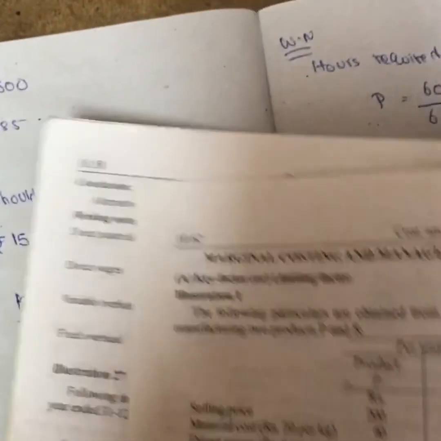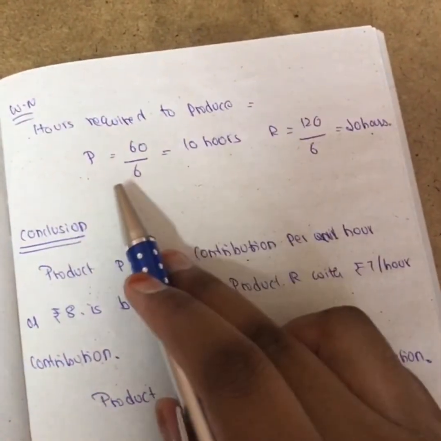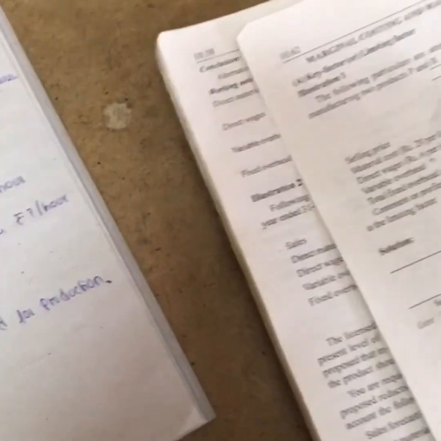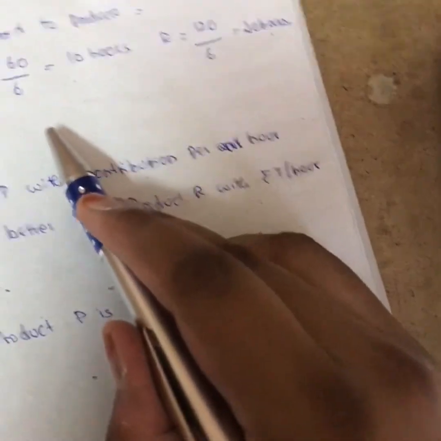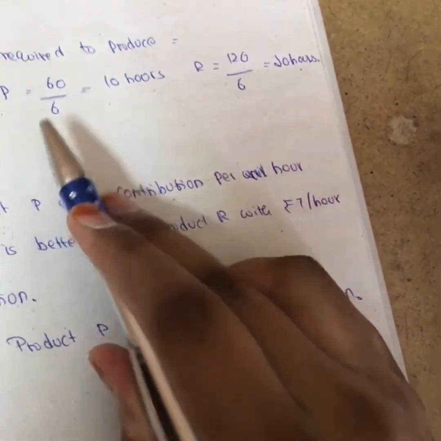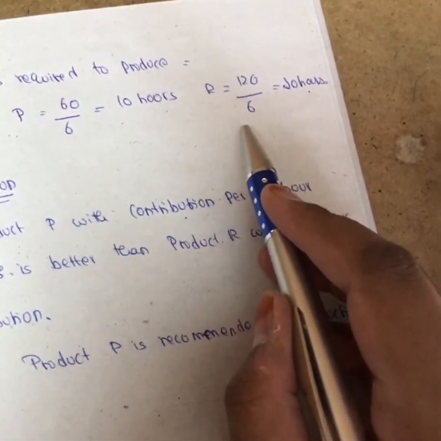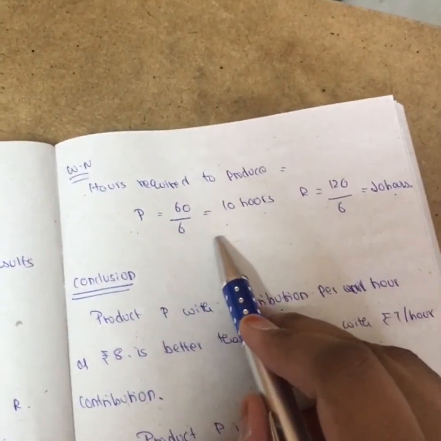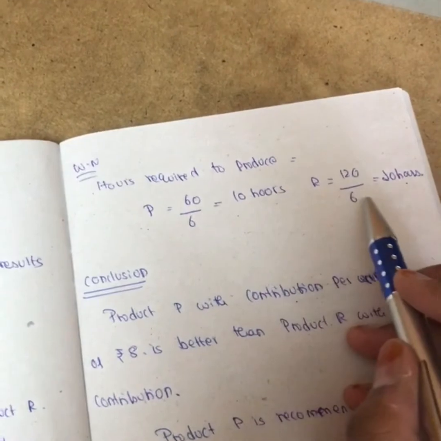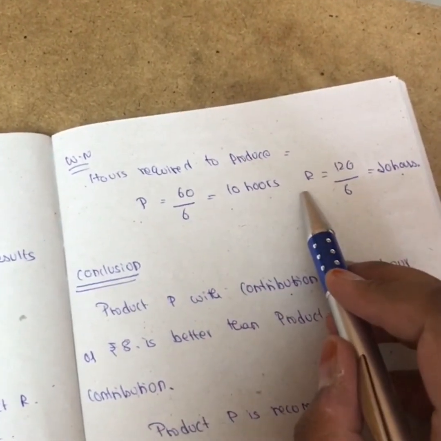So per hour, right? We are dividing by 6. So divide by 6 and divide by 6, you get 10 hours and 20 hours, meaning 10 hours to produce product P and 20 hours to produce product R.